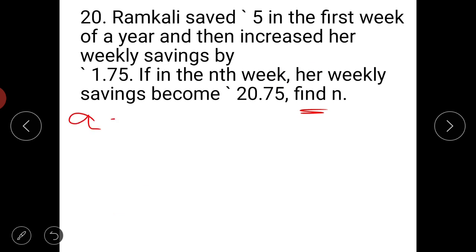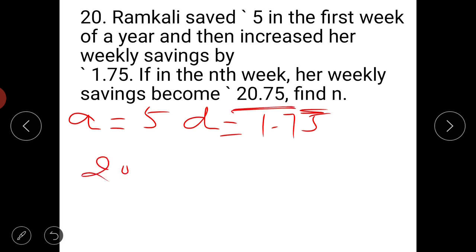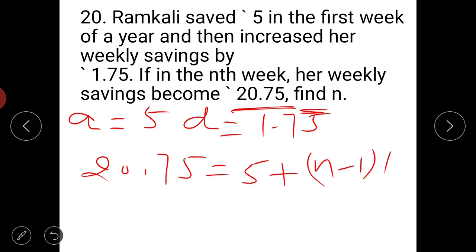So here the first amount a is 5 rupees and d is 1.75 rupees. So this is the nth term. Suppose 20.75 is equal to the nth term, that equals a plus n minus 1 into d. A is 5 plus n minus 1 into d, which is 1.75.